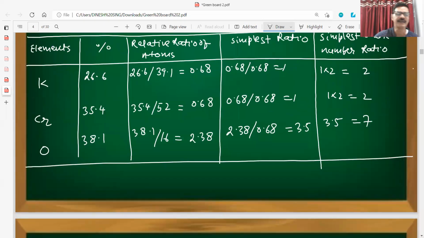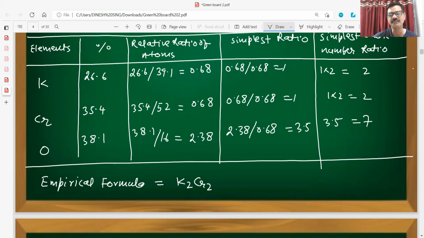So the empirical formula will be 2 atoms of potassium, 2 atoms of chromium, and 7 atoms of oxygen. So this is potassium dichromate.